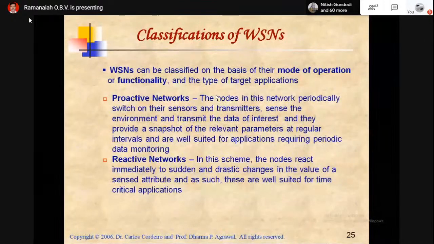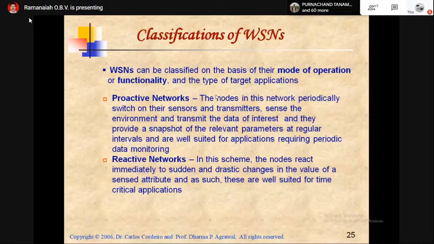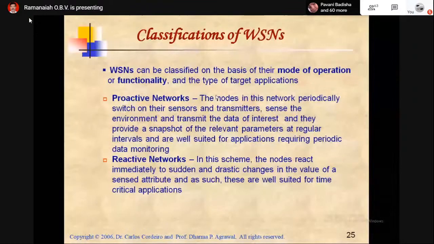So the sensors will detect and immediately report. Suppose the temperature is maintained steadily at 75 degrees centigrade, these nodes will never report any value to the base station, right? So these are well suited for time critical applications.